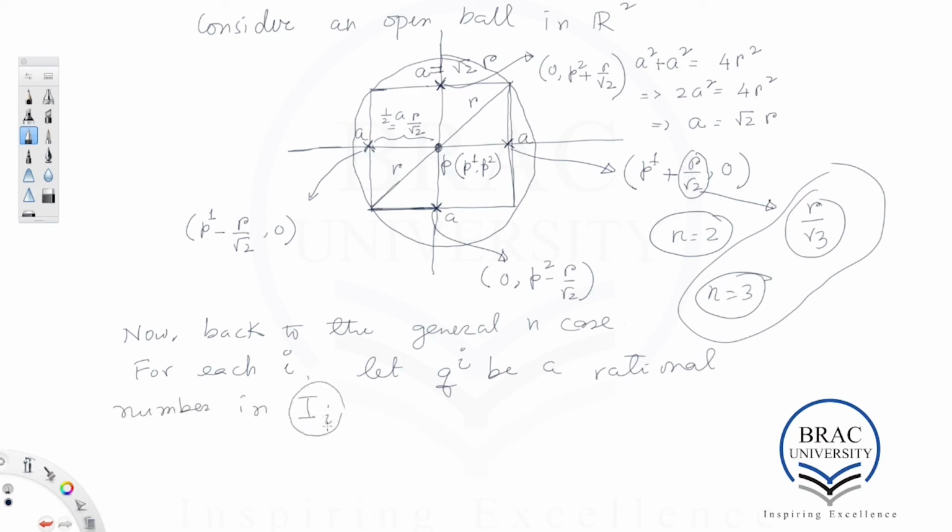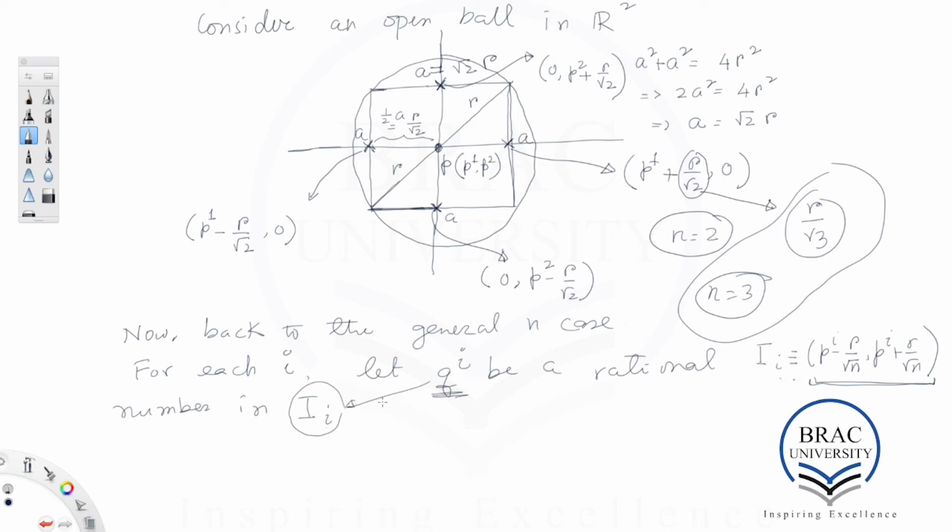Ii was an open interval, pi minus r over square root of n, and pi plus r over square root of n. Okay, so we can always choose a rational number in this interval. By elementary real analysis, we know that this is always possible. So we choose qi to be that rational number in this open interval Ii.